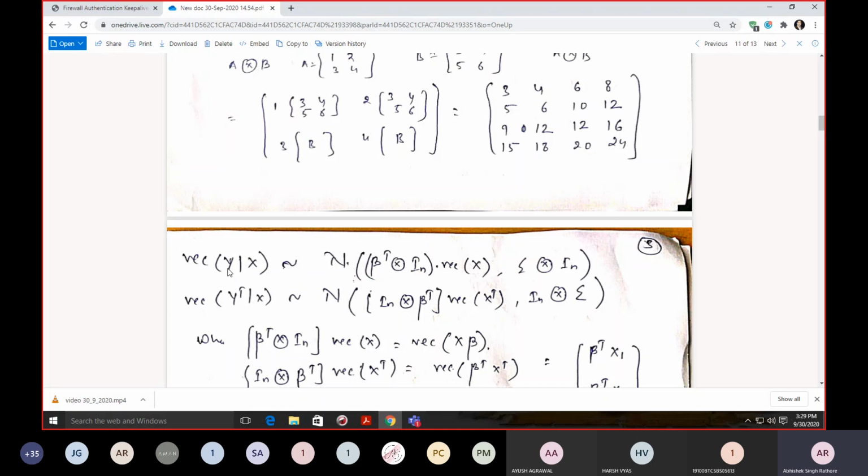So this is my given value, and we are finding the distribution here. So y given x follows a normal distribution with mean beta transpose, the beta matrix, Kronecker product with the vector x.